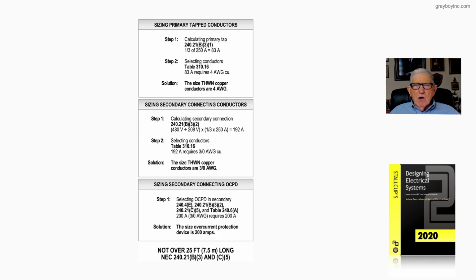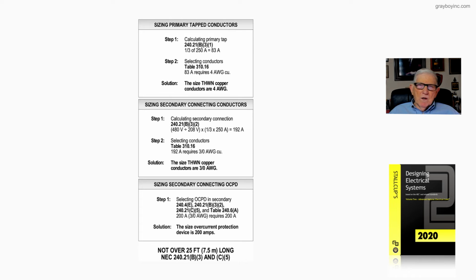So a 3 aught conductor for 200 amps requires a 200 amp overcurrent device. Now, the 3 aught at 200 amps will take care of the 192 amps, and the 200 amp overcurrent device will take care of the conductors plus the load.